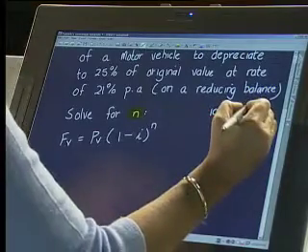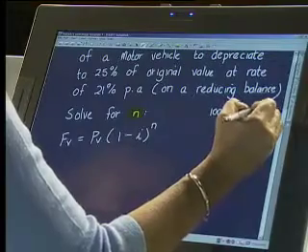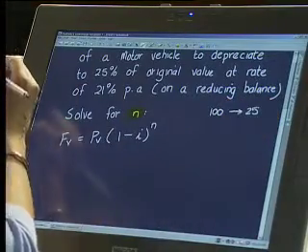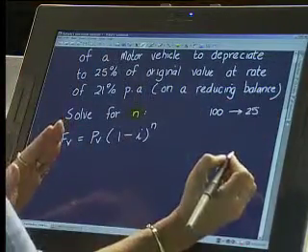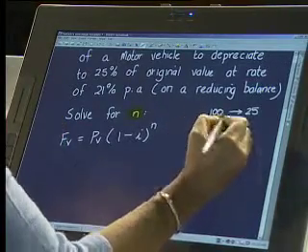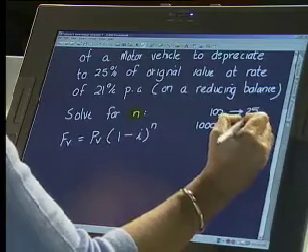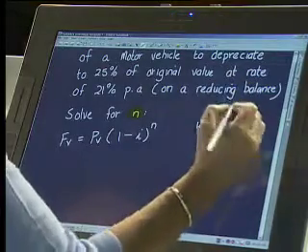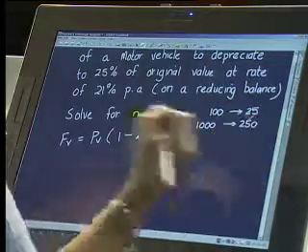Okay, 0.25 is 25%, but let's just say its value when we started out was 100. What would its value be if it was 25% of the original value? So I think I'm confusing you. Do you agree that if it started out being 100, it would end up being 25? 25, yeah. So if it started out being 1,000, it would end up being 250. 250. Yes. Okay.